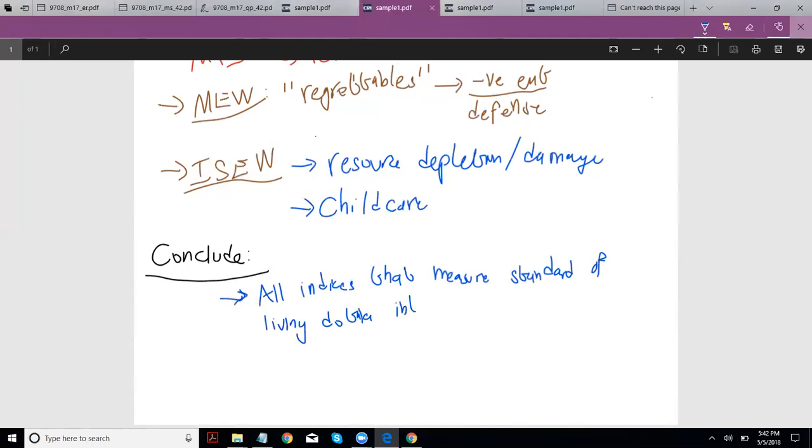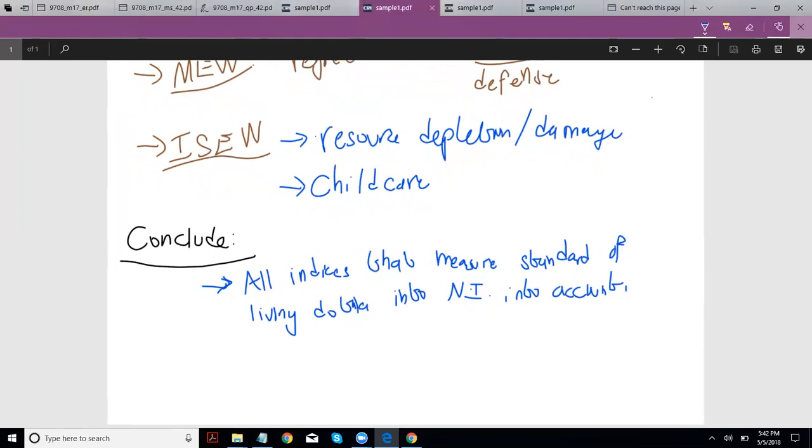Even HDI and all, its first metric is national income. Even with your ISEW and your MU, they still do take national income into account. So it is important. No one's saying it's not important. We're just saying it's not the only thing. So in a lot of cases, if it's the only thing you're looking at, it might be an incomplete measure. Like that's what you can call it. It could be an incomplete measure rather than an incorrect measure.